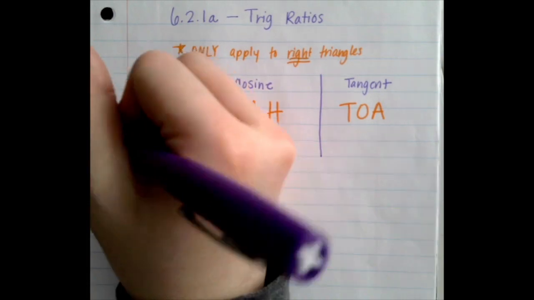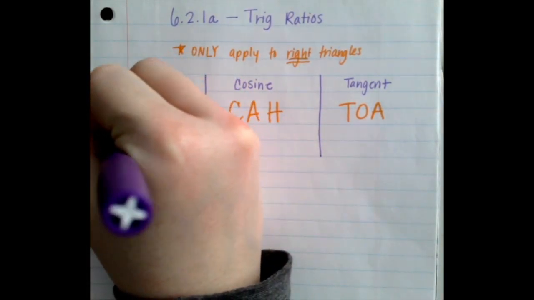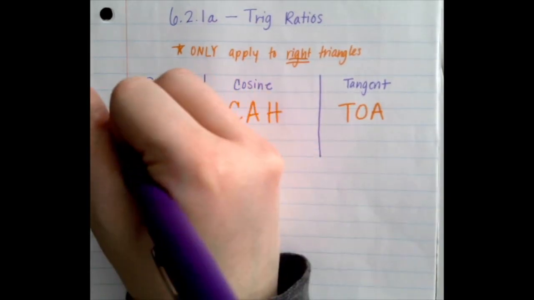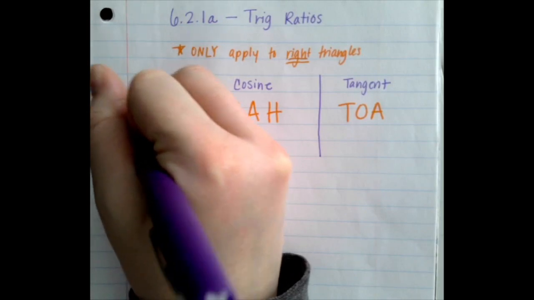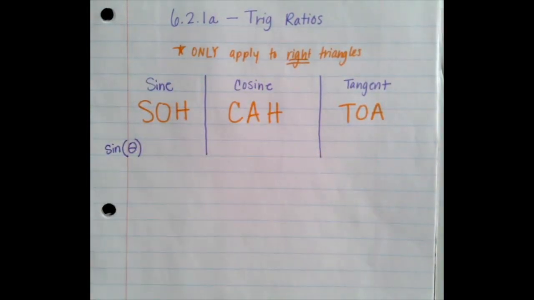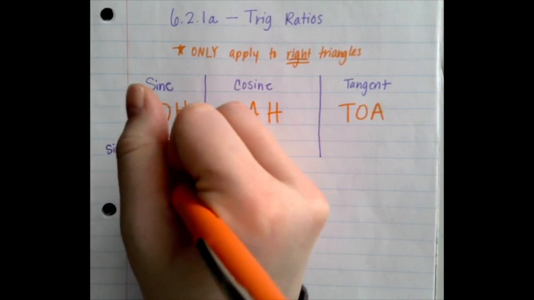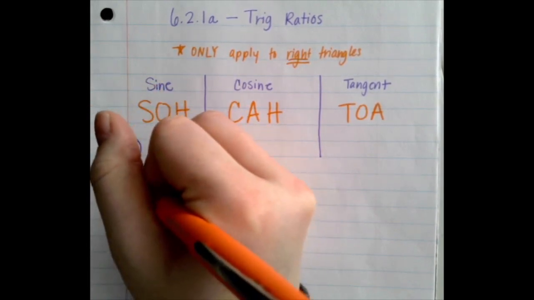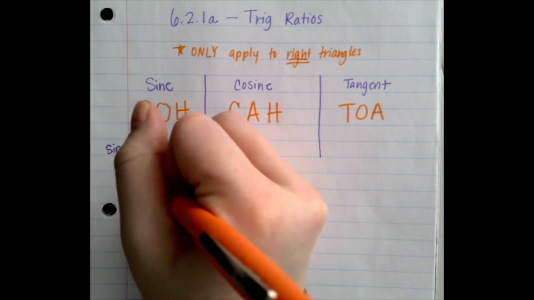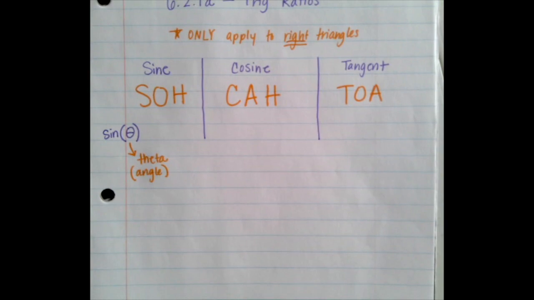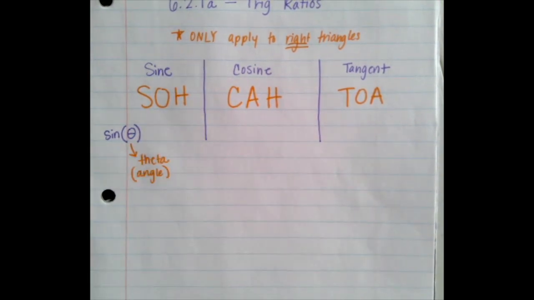So the sine, we write this as S-I-N when we abbreviate it, but it's still pronounced sine, not sin, of an angle. And this symbol is probably new to you. It is a Greek letter called theta. And it's just a variable to represent any angle. So just like the letter X can represent a missing number, this just represents any angle.